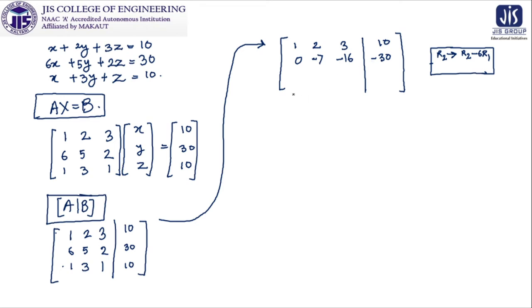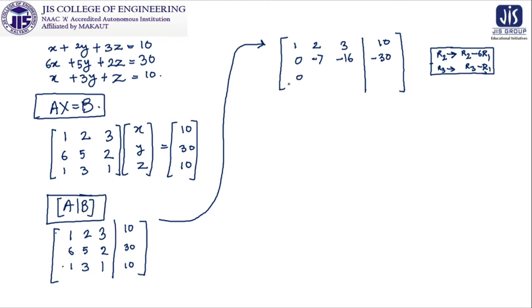But parallelly, to make it echelon, we need this one to be 0 as well, so that the number of zeros increases. For the initial part of this 0, we use the elementary row operation R3 goes to R3 minus R1, because we are getting 1 here and 1 here, so by subtracting them we can make it 0.